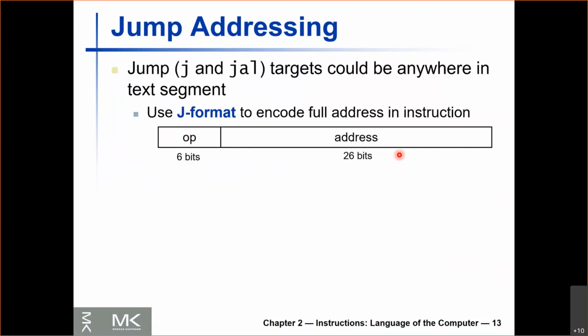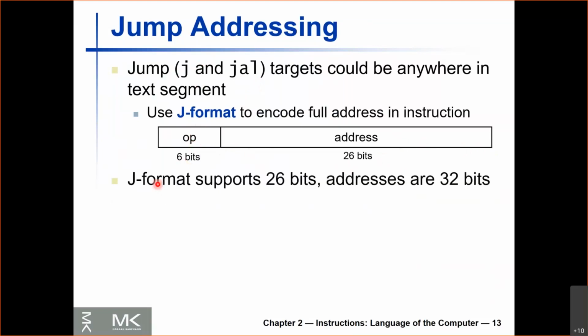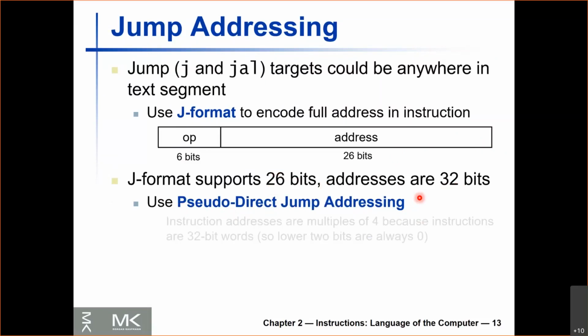Now we still have a problem here because the J format supports 26 bits, but addresses are 32 bits. So the question remains, how are we going to represent a 32-bit address using just 26 bits? Okay, well, we're going to make the following observations. We're going to use a technique called pseudo-direct jump addressing. This is based on the following observations.